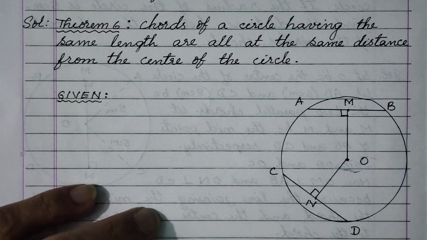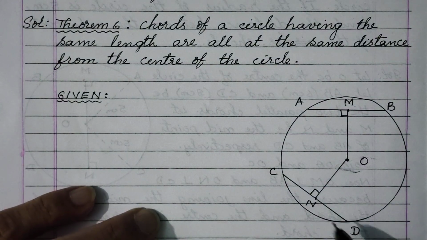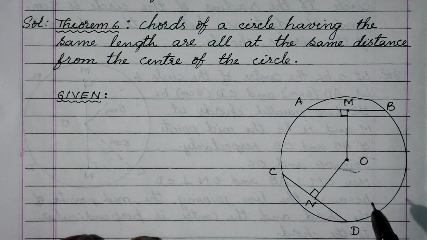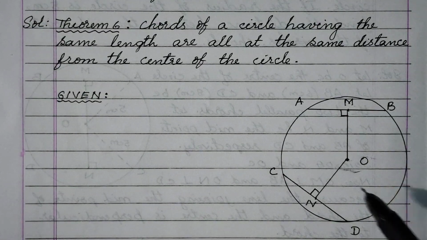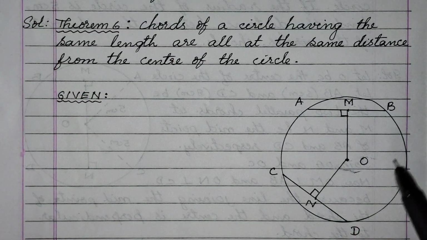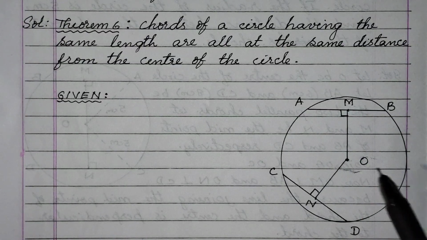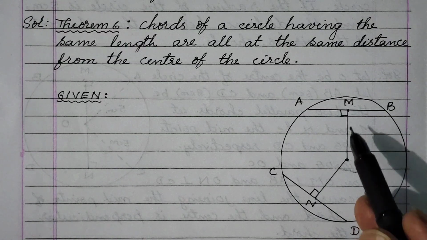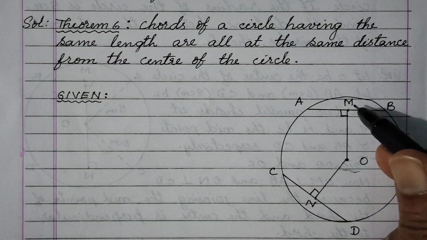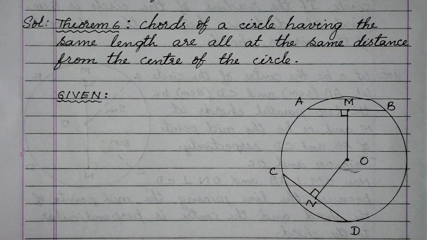Here ON shows the distance of chord CD from O. Now we need to prove that OM is equal to ON. That is, the two chords are at equal distance from the center. Our ultimate aim is to prove OM is equal to ON.